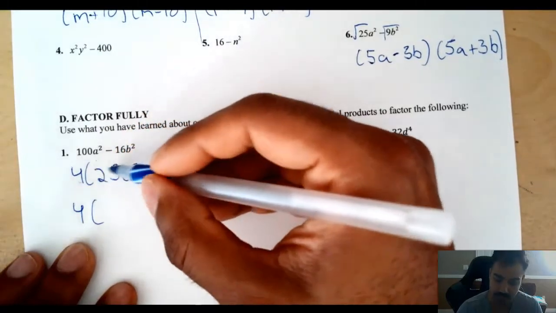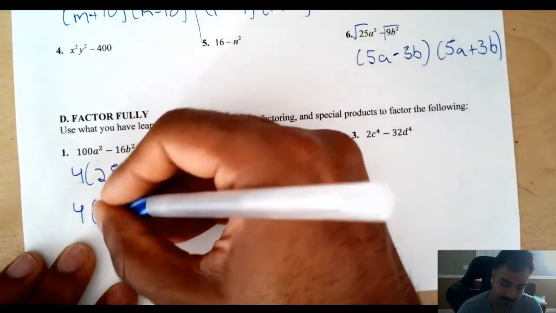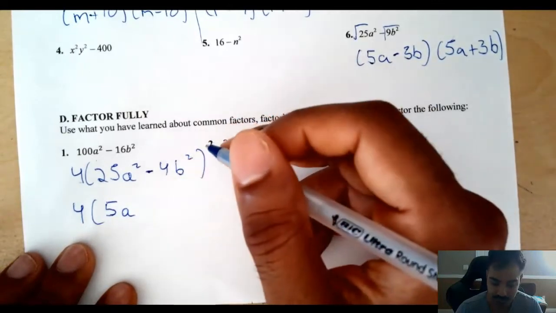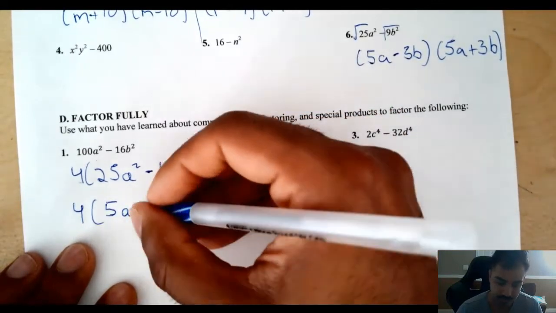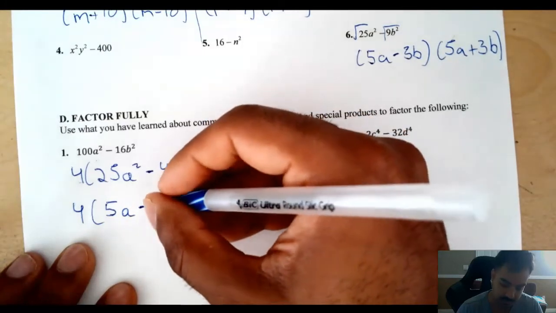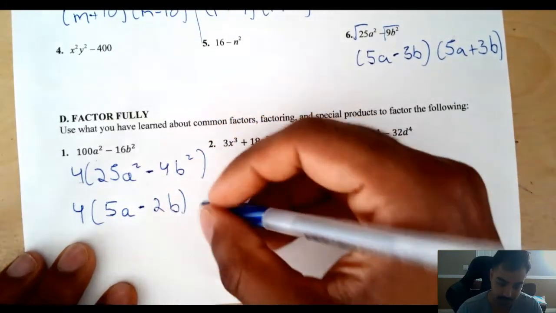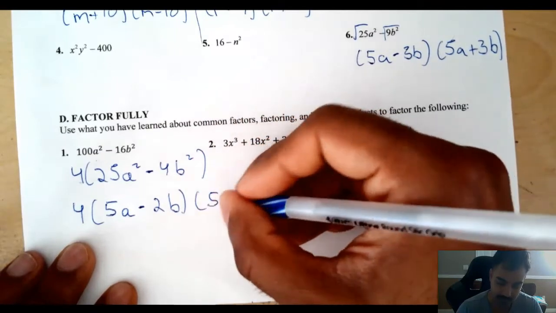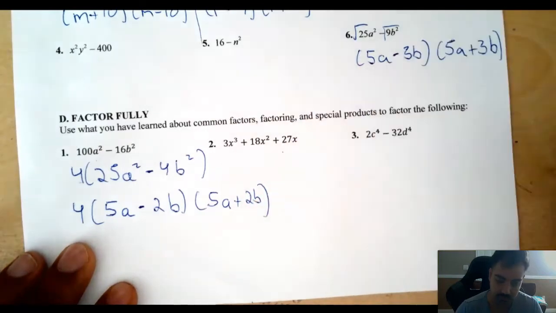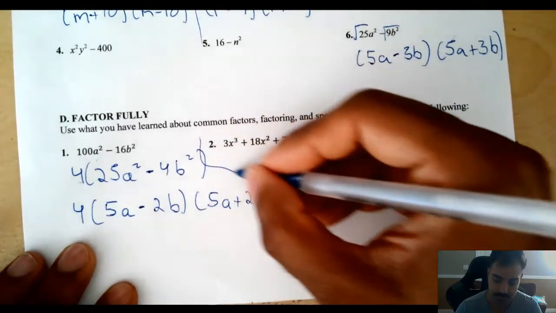The square root of 25a squared gives us 5a, and the square root of 4b squared gives us 2b, positive and negative. And you can write the opposite as well because of the difference of squares rule. Okay, there we go.